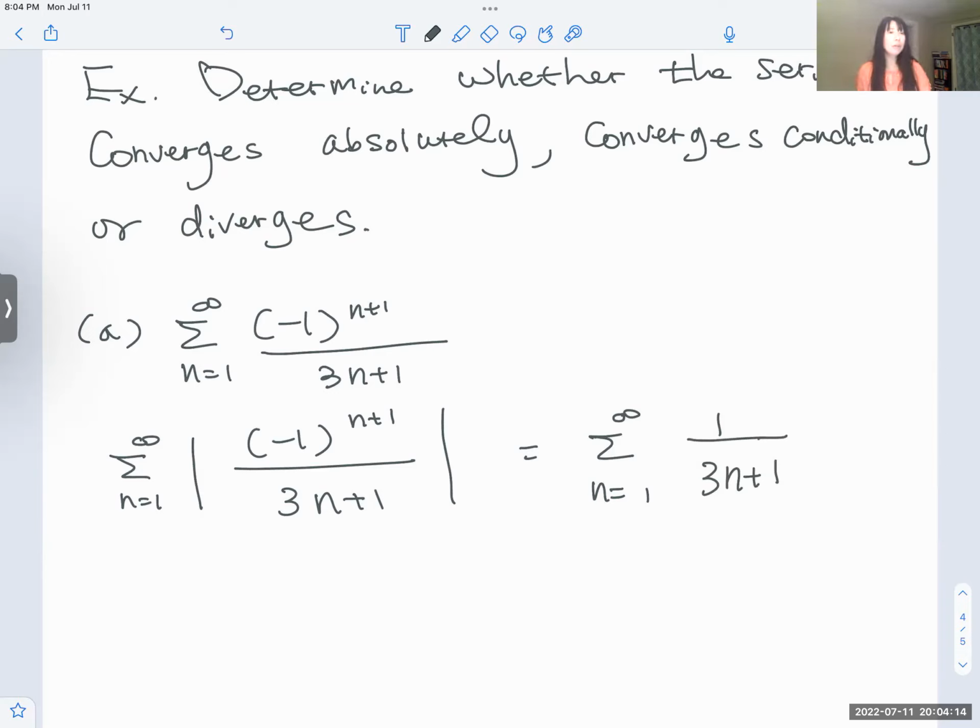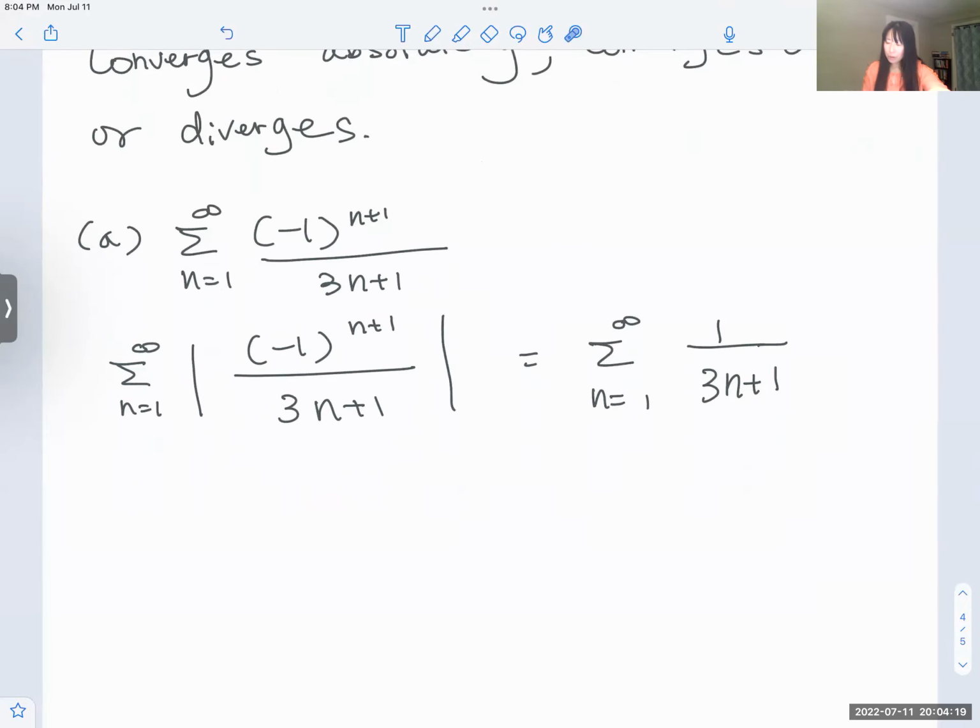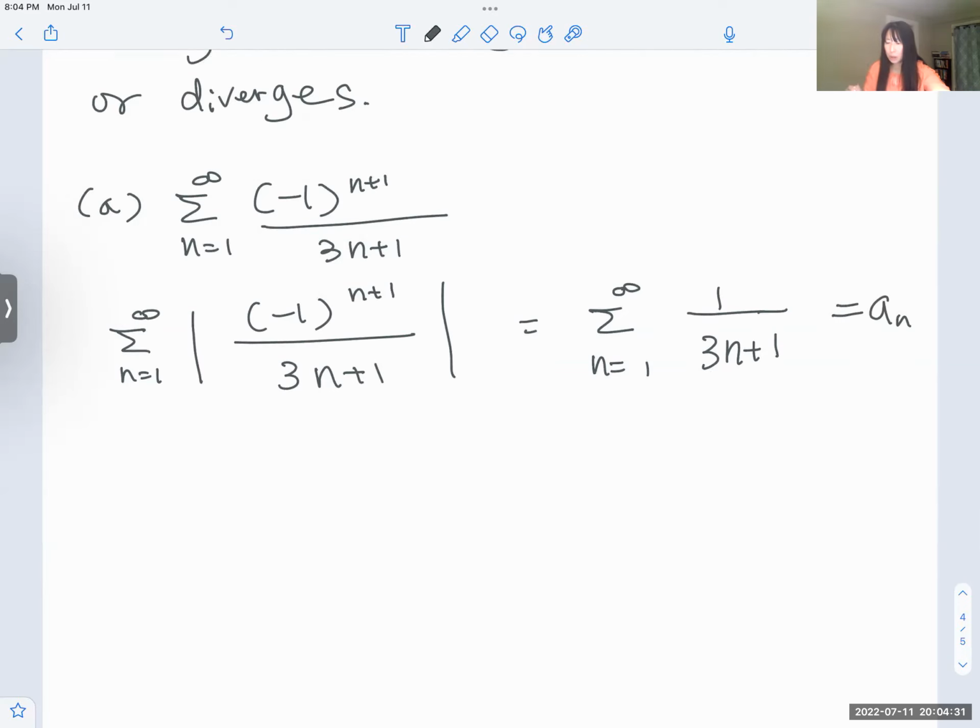Now, how do we think about this one? Let's say this is a sub n, and then b sub n is very similar to this one. What do you want to say? Is this like a harmonic series? Yes, very good. So b sub n is the series of 1 over n, harmonic.